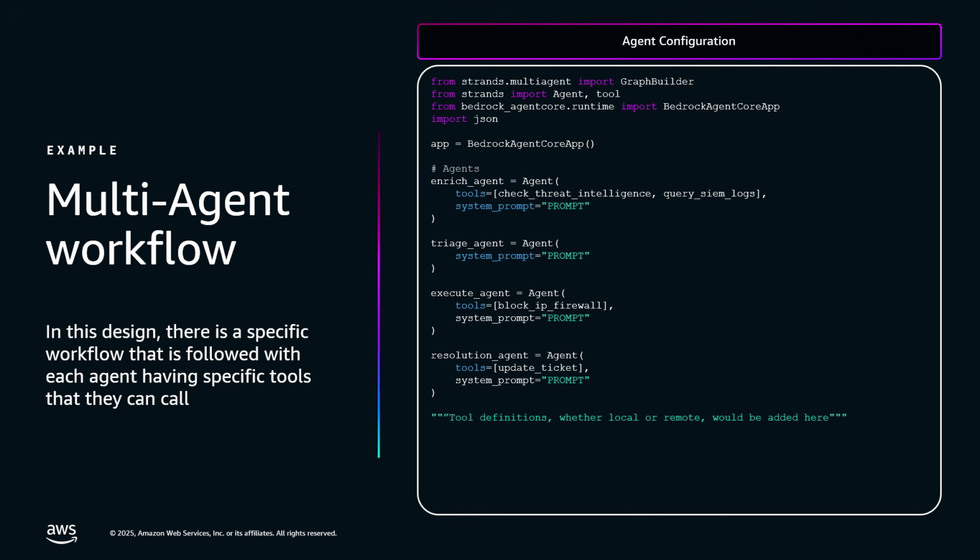The first enrich agent has two tools associated with it. The execute agent has a tool associated with it. The triage agent has no tools because really the purpose of the triage agent is to simply render a decision based upon the previous context that we've collected. So you can see each agent has a small number of tools with which it's going to be working.